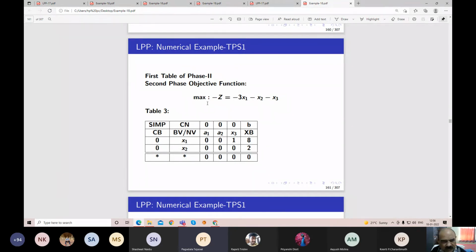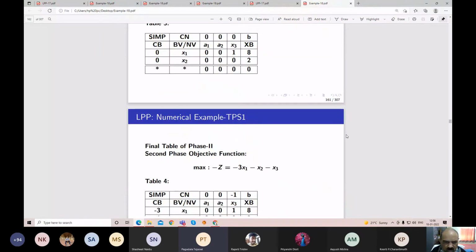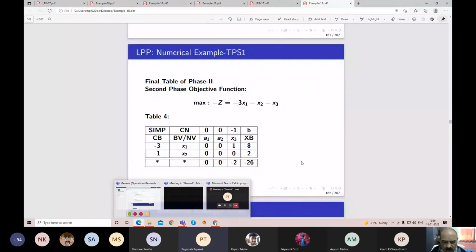So always maximization: minus z equal to minus 3x1 minus x2 minus x3. Now where to place? Above x3, how much will it be? Minus 1. Then side by side, x1, x2, how much can you write? Minus 3, minus 1. After that, we will compute the table. So here we are computing the table in this manner.